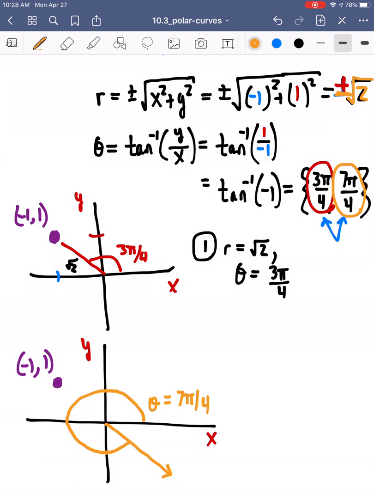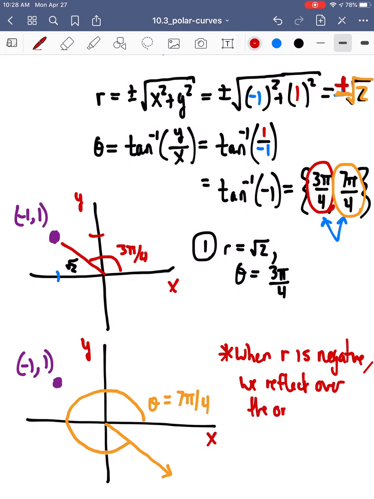And well, here's the unique thing that we haven't mentioned at all. And the unique thing is, when r is negative, we reflect over the origin. And what that means is we add pi radians to the angle.